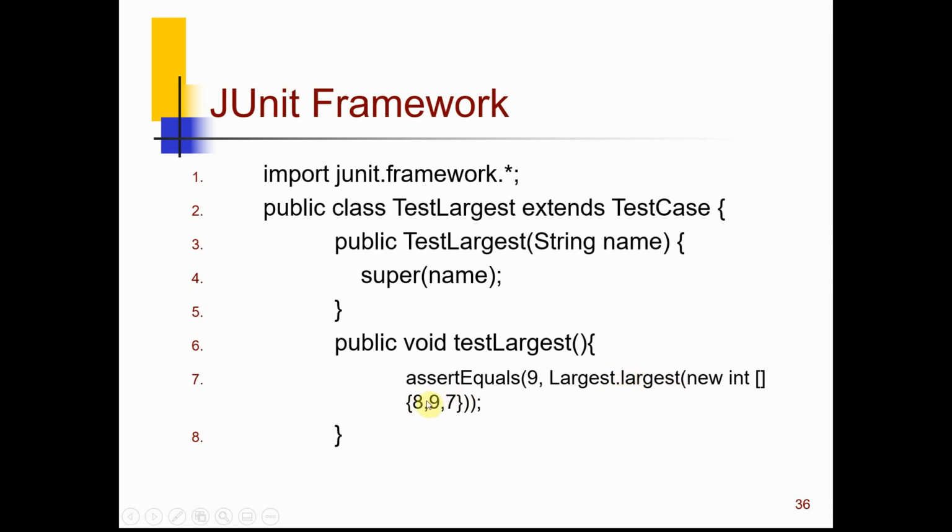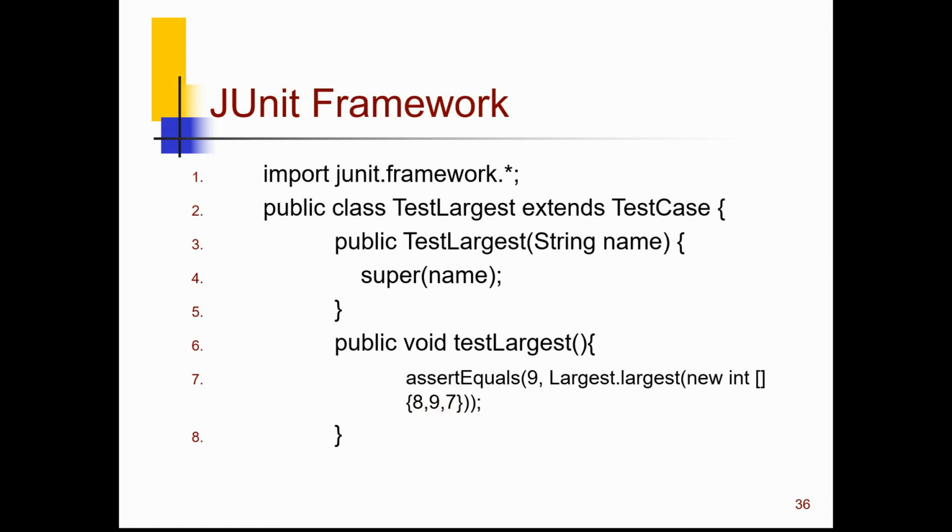I feed in this array 9, 7, and this one is returned from the production code. So what I expect is to return 9, and if the production code actually returns 9, then the assert passes. If it doesn't return 9, then this assert fails. Then I know there's something wrong with the code. Because by looking at the array, I know that the largest number is 9. But if the code returns otherwise, then I know there's something wrong with the code.